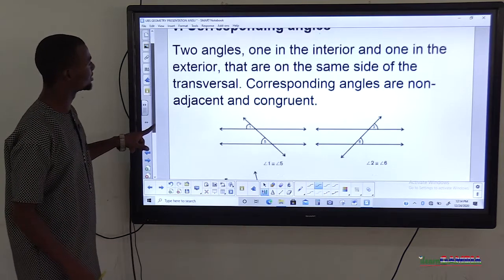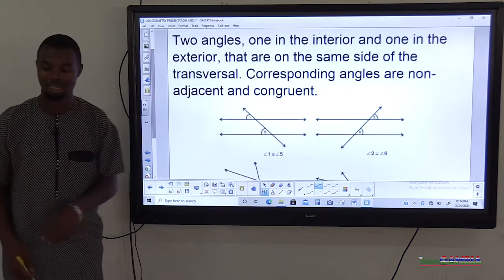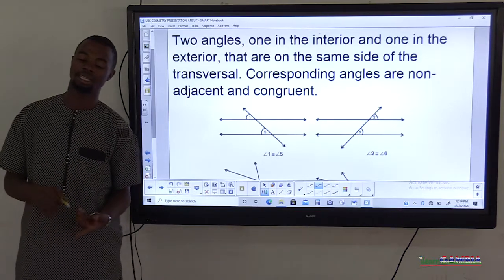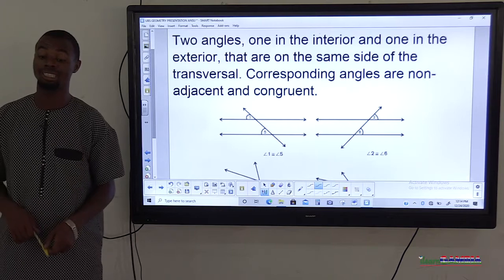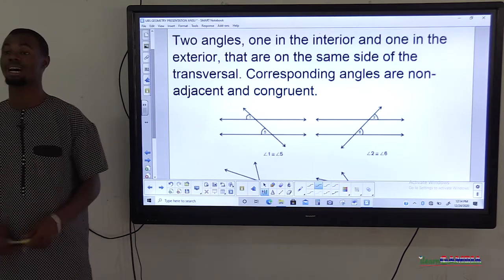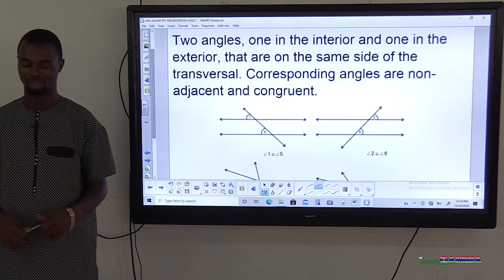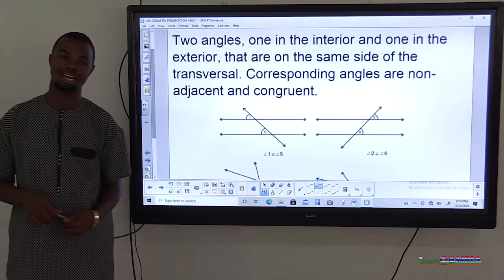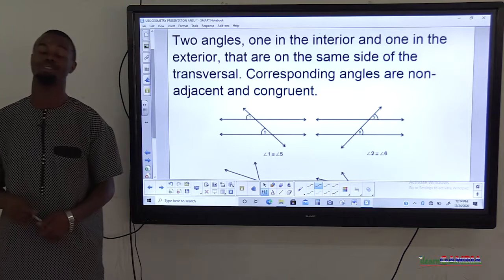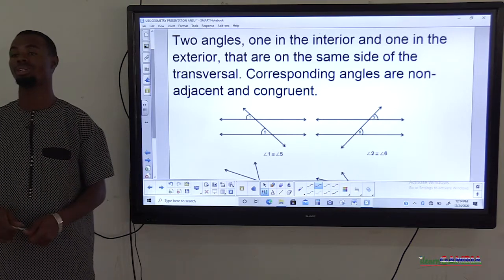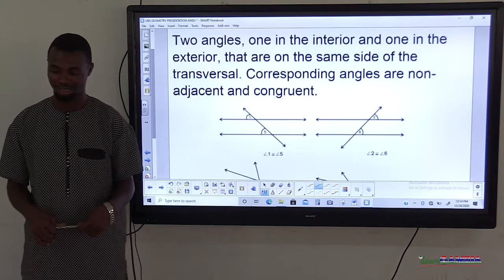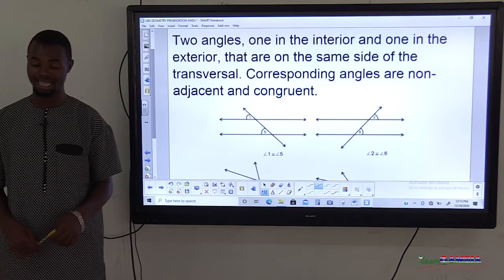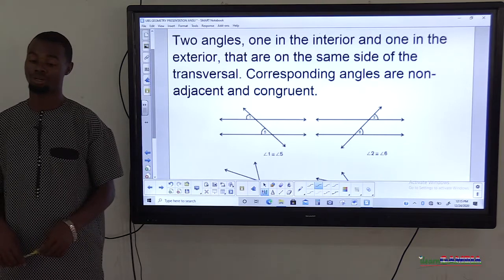Corresponding angles. Two angles, one in the interior and one in the exterior, that are on the same side of the transversal are called corresponding angles. They are in the same position relative to the parallel lines, non-adjacent, meaning they do not share arms, and they are congruent.